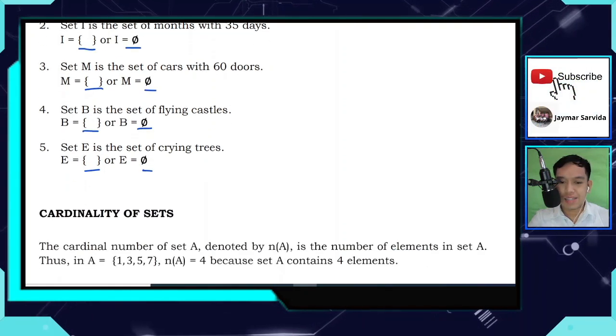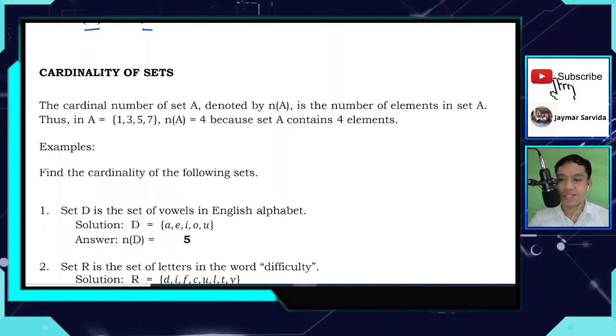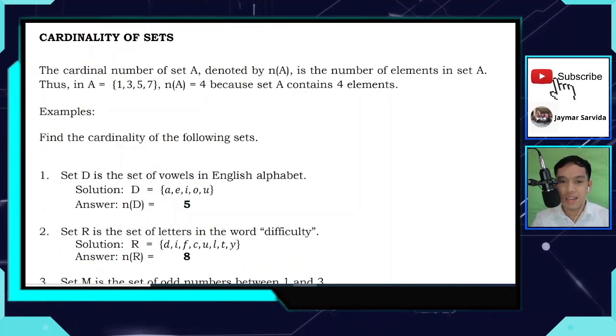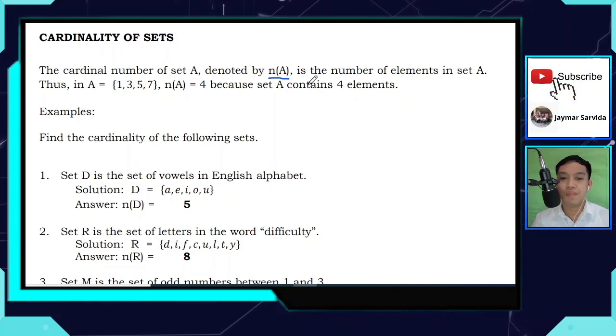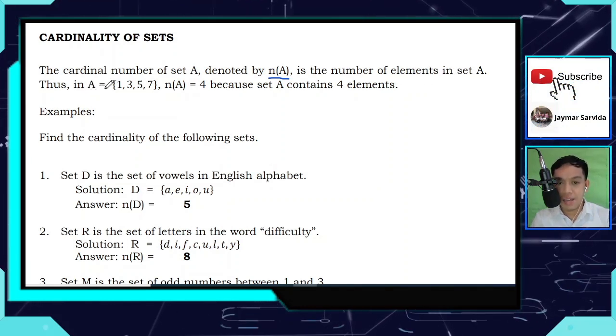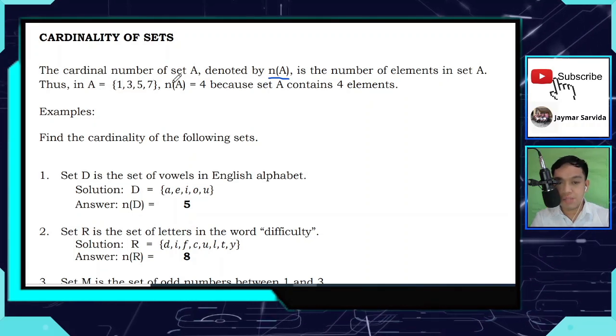Okay, next. Cardinality of sets. When we say cardinality of sets, the cardinal number of set A denoted by n of A. N of A, ibig sabihin yan, the number of elements in set A. Thus, set A contains the elements 1, 3, 5, 7.